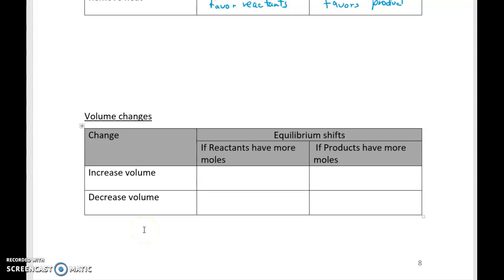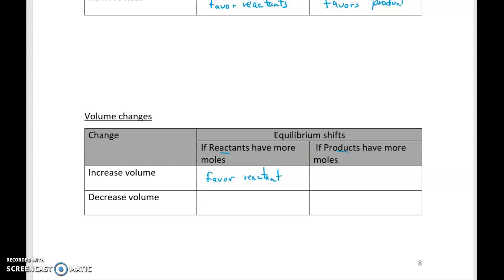We can also change the volume. With volume changes, we need to look at how many moles the reactants have and how many moles the products have. If we increase the volume and the reactants have more moles, we'll favor the reactants.